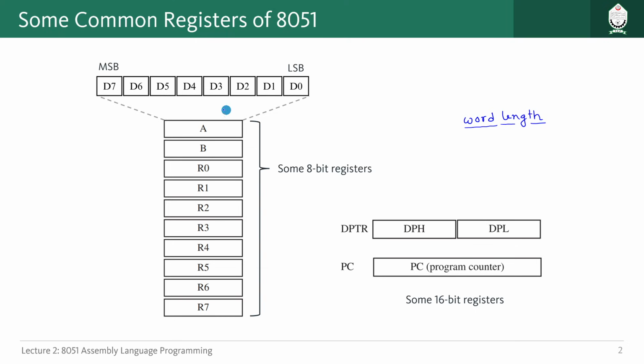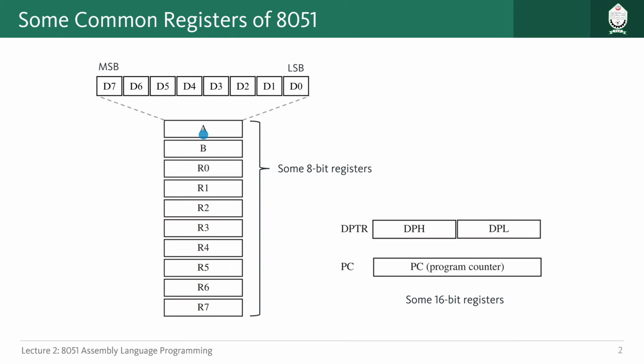So here you can see some examples of these 8-bit registers. Like we have register A, register B, then R0 up to R7. First of all, register A, this is I think one of the most important registers in any kind of CPU, because it is called the accumulator.